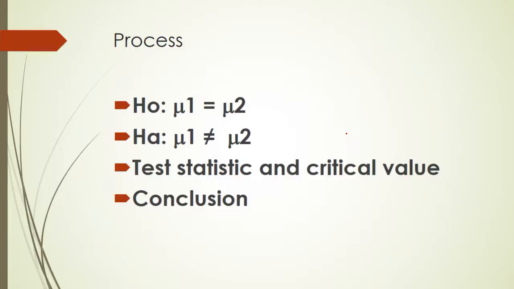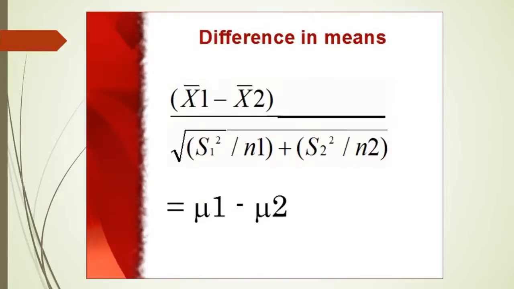We have to calculate a test statistic and a critical value, just like we always do, and then draw a conclusion. The test statistic and critical value is a little more complicated, though, than it was before. So here's the formula we're going to use to calculate the difference in means. We're going to subtract the two means from each other. That makes sense, right? We're going to take the mean gas price in California minus the mean gas price in Nevada, or vice versa. And then we're going to have a big, giant square root sign.